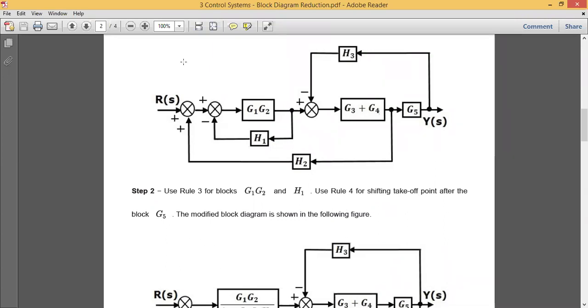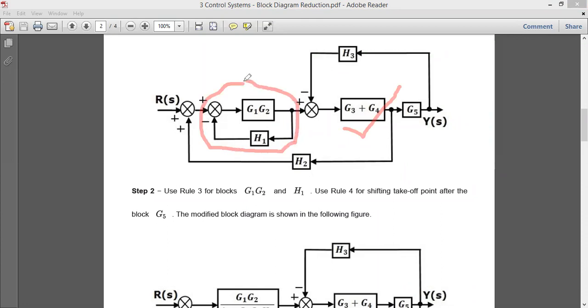Now here, a small modification: these two are in series. Then what about this part? If you look at this part that I am trying to encircle, there is a small feedback, right?